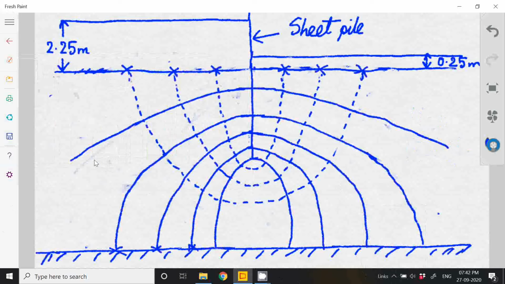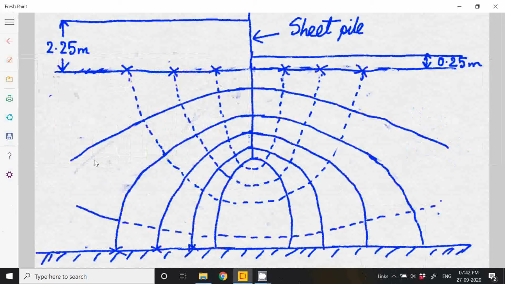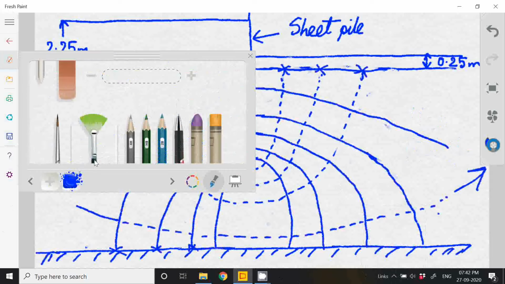When it starts, it is somewhere very far away, and it is flowing, and ultimately we can just show a part of it like this, and it will reach somewhere very far. It has been flowing like this flow line, somewhere it has started very far away, and we can just show a part of it.